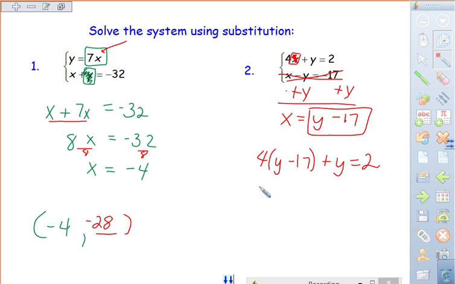So now I need to distribute. Combining like terms, 4y plus y gives me 5y.